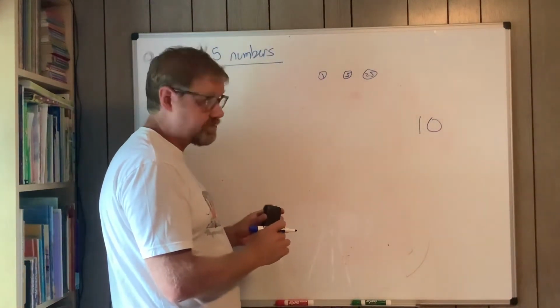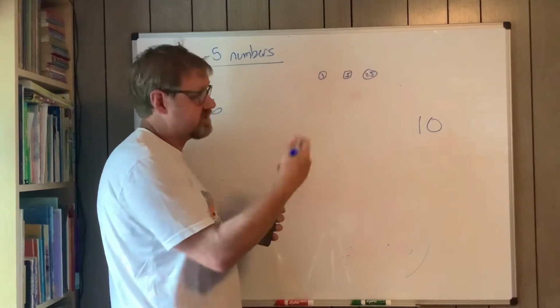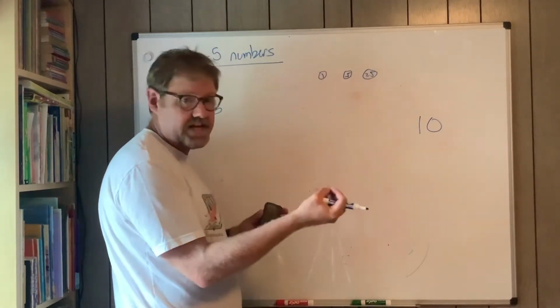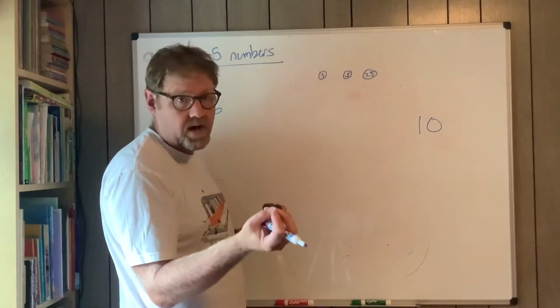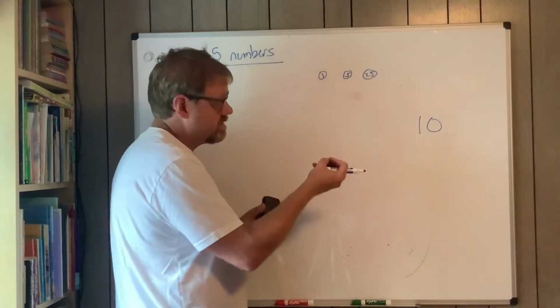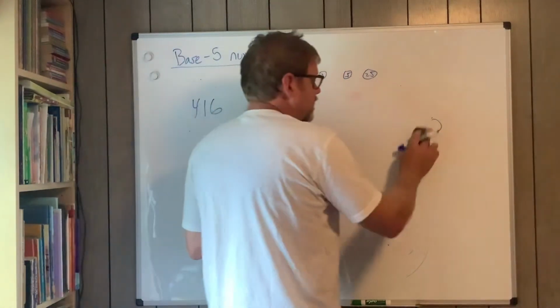And so we don't have a special, what's called a glyph, a special character for 10. Sometimes, like in the Mayan system, we do, or we write it with other glyphs, but not in the Arabic system.